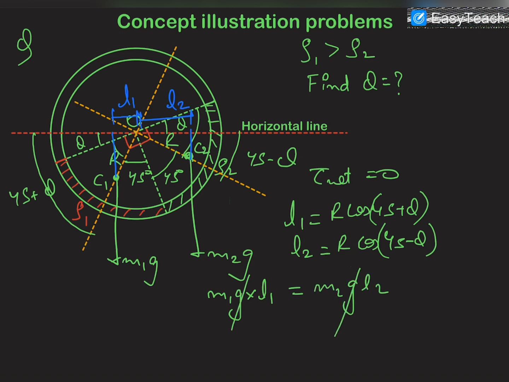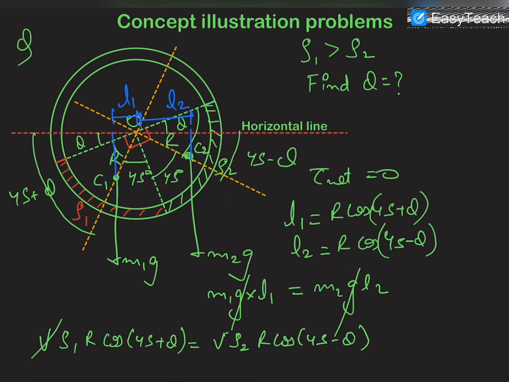Cancelling g with g, you can write the mass as volume into density, and the volume is equal. So let us assume that the volume of each liquid is V. So m1 is V into rho1 and L1 is R cos(45 plus theta), and m2 is V into rho2 and L2 is R cos(45 minus theta).